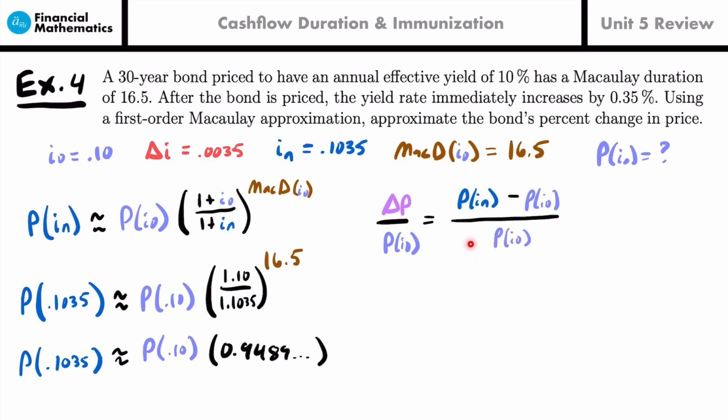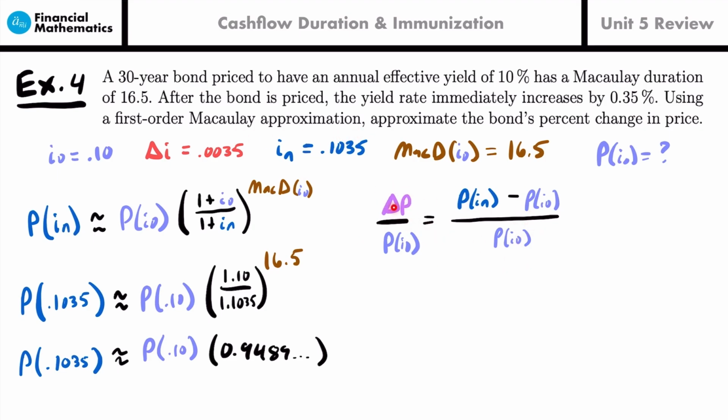This is how you calculate the percent change in the price of a bond for these approximations. If we were working with the first order modified approximation, there would be another way to calculate this using a different formula, but for a Macaulay approximation, this is all we have to work with.